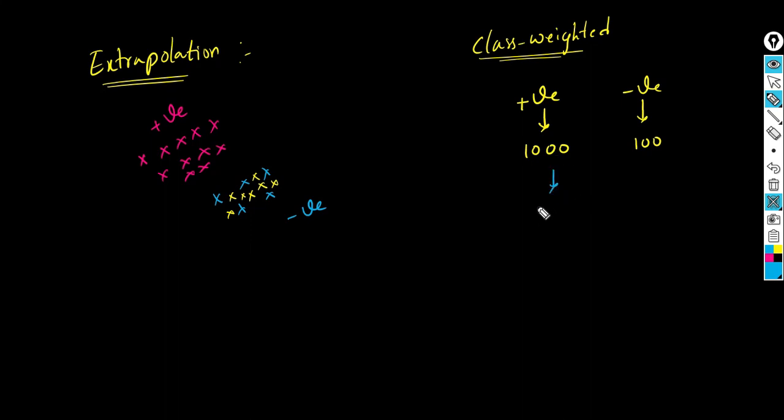For the positive class we give weight 1, and for the negative class we give weight 10. In this way, by giving more weight to the negative class, we can also avoid the imbalance effect. Okay, these are the 4 major techniques to overcome the problem of imbalanced data.